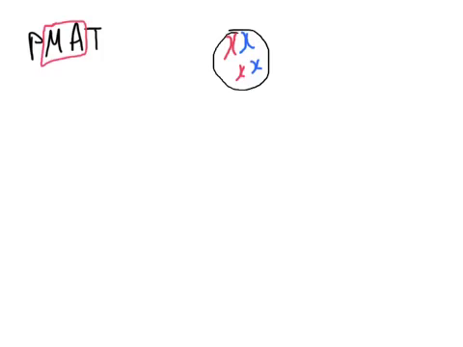So, if we take this cell and we progress on to metaphase 1, the homologous chromosomes, so the 2 long chromosomes, line up at the center of the cell.